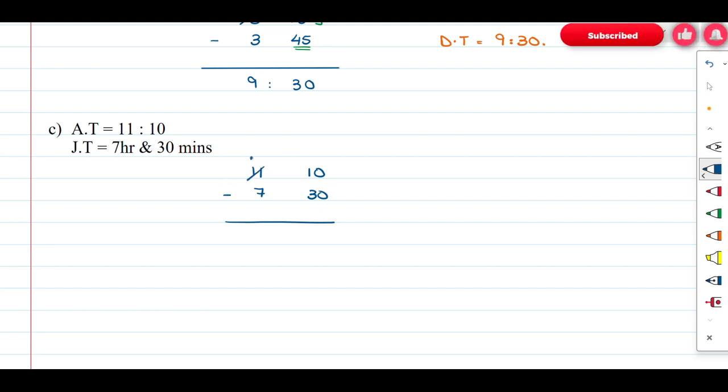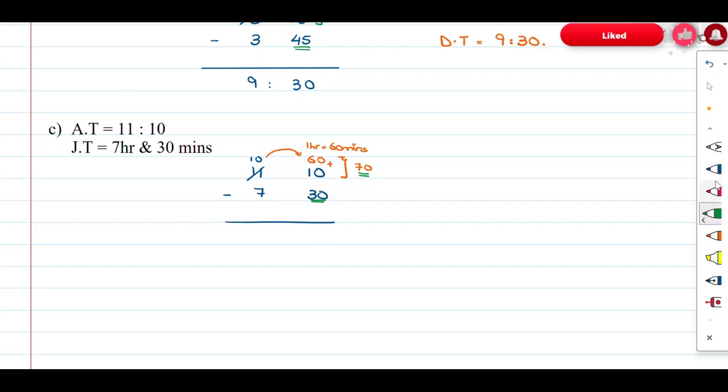Here we have 10 hours left over, and we shift 1 hour, which is again 60 minutes, to the other side. So 60 plus 10 is 70. Now from this 70 we need to subtract 30.